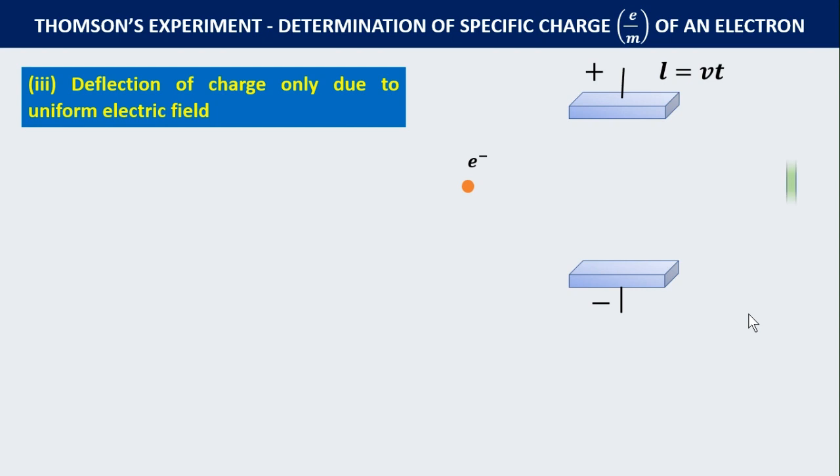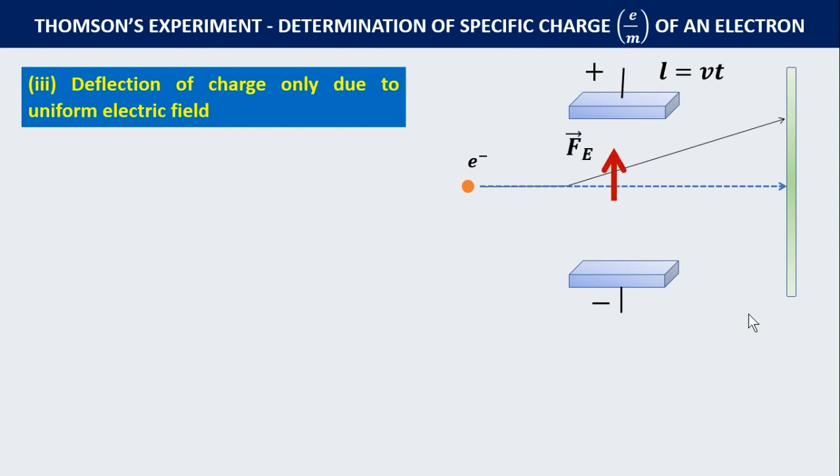Now this electron beam, this is the zinc sulfide fluorescent screen, and this electron would travel in a straight line path, but that's not possible because of this electric field. It will be deflected upward because it is negatively charged, deflected towards the positive plate, and hits the screen.